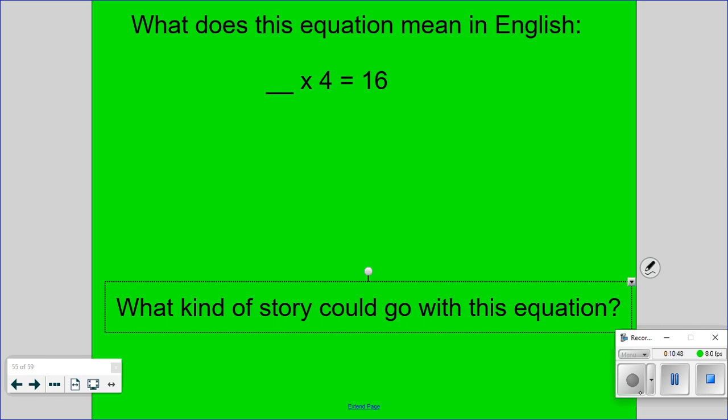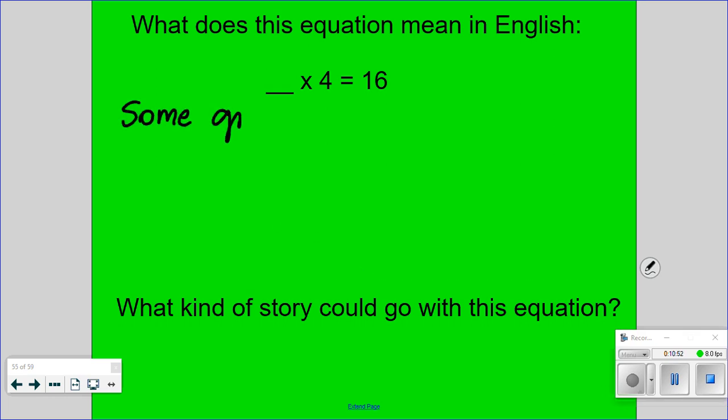Yeah, some groups, mystery number of groups of 4 equals 16. I have a mystery number of groups, but I know there's 4 in each of them, and my total is 16.